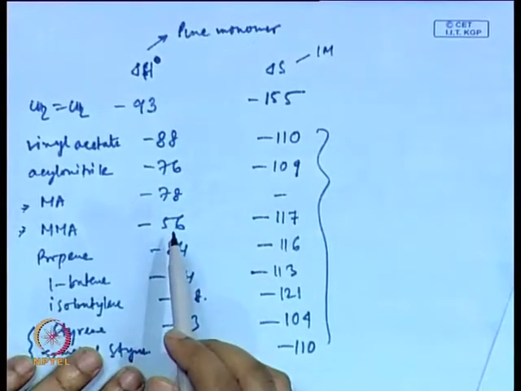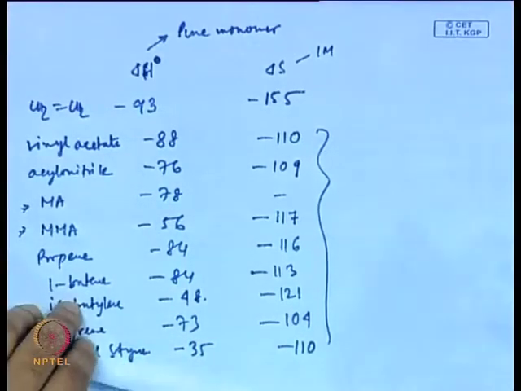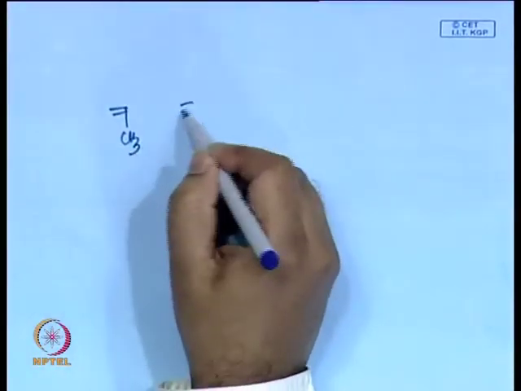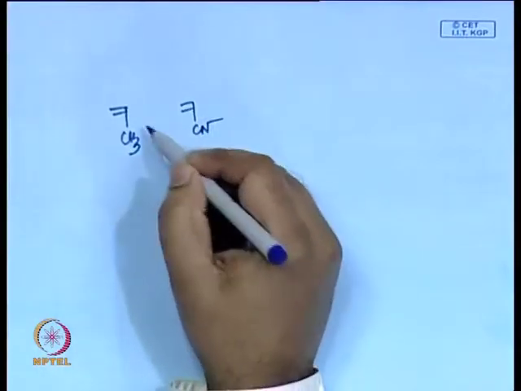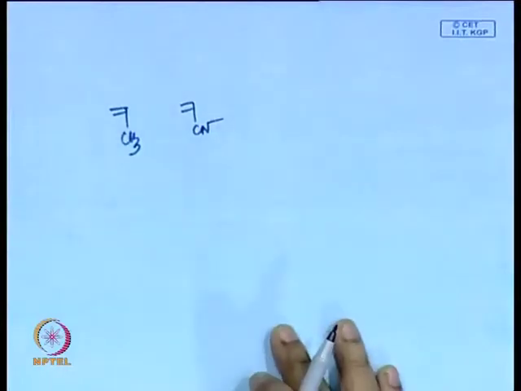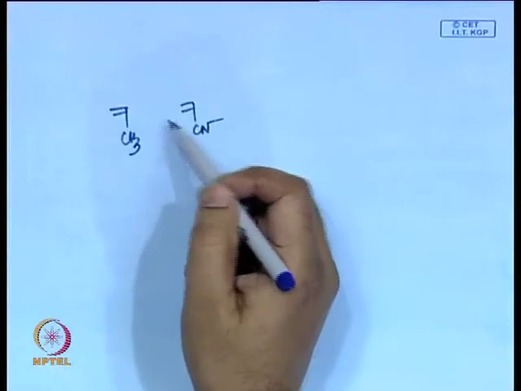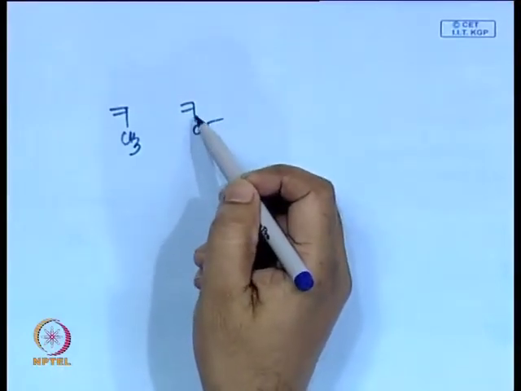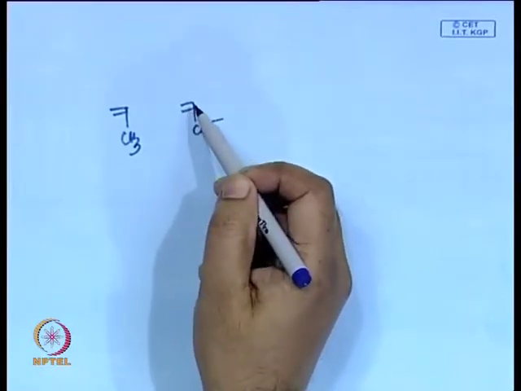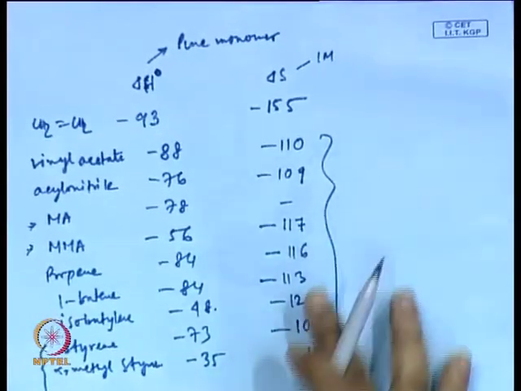If you compare between say propene and acrylonitrile, so if you have CH3 and CN, obviously the resulting polymers have similar strain. So, the DelH value is determined by the stabilization of this double bond, and in this case presence of electron withdrawing CN group, this will be more stabilized. So, that value of acrylonitrile polymerization will be lower.